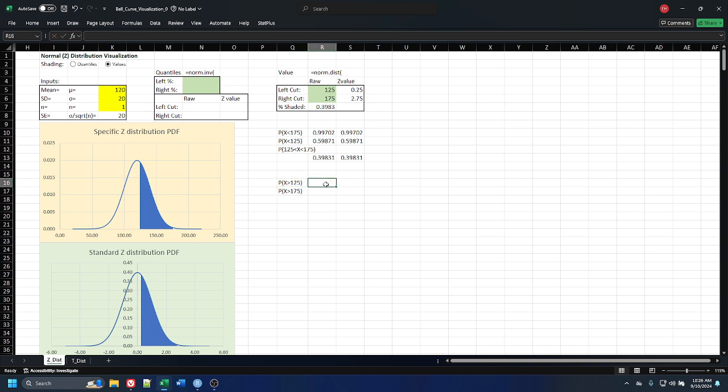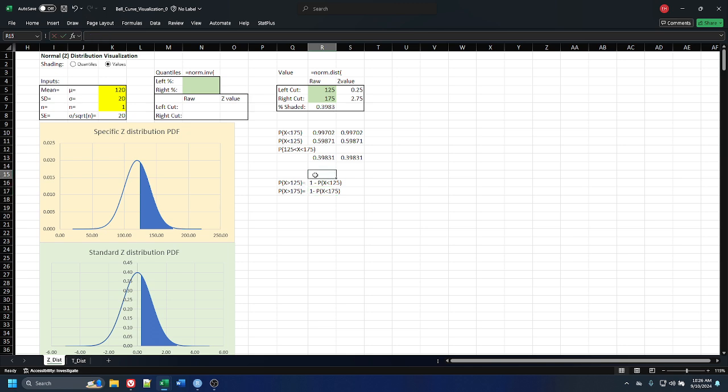But remember, the norm.dist only gives the probability from the point and less than. If we want greater than, we can take a complement. What we can do is say that it is equal to 1 minus the probability of x being less than 125.